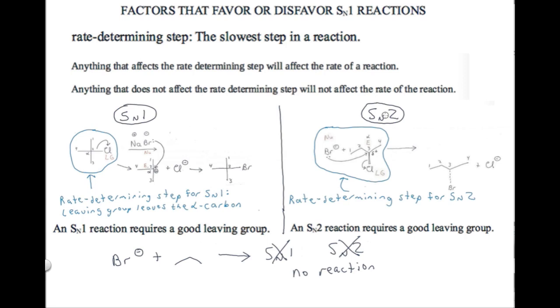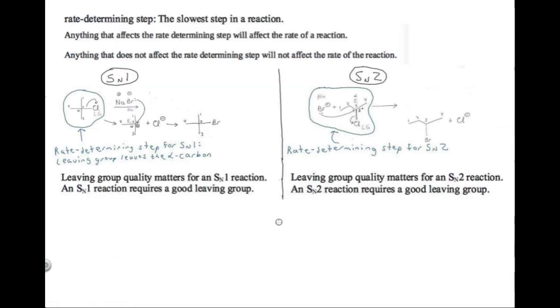Both SN1 and SN2 require a good leaving group because the leaving group participates in the rate-determining step for both SN1 and SN2. Let's expand on that idea. We can furthermore say that leaving group quality matters for the rate of an SN1 reaction, and that leaving group quality matters for the rate of an SN2 reaction. This means that when you use a better leaving group, that increases the rate for an SN1 reaction, and a better leaving group will also increase the rate for an SN2 reaction.